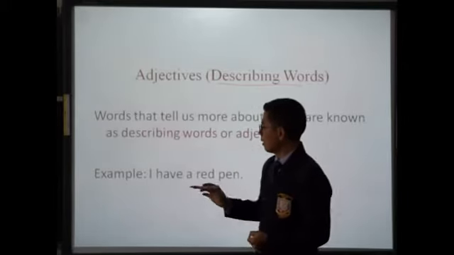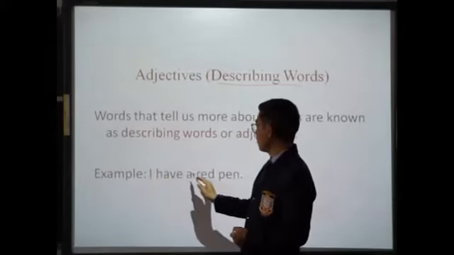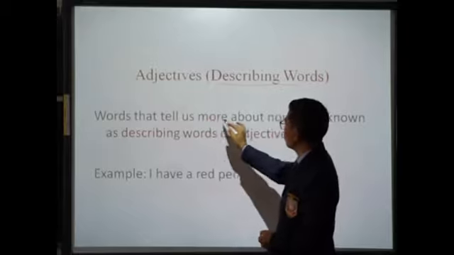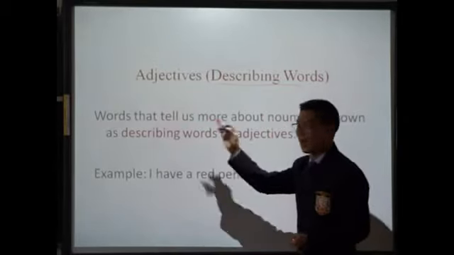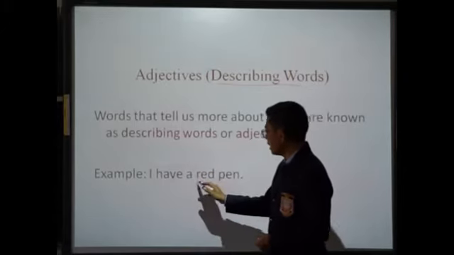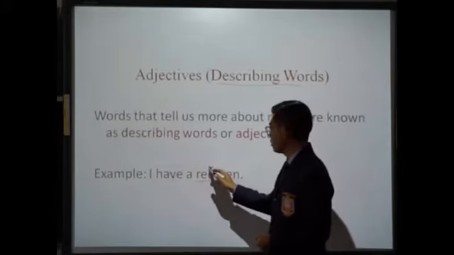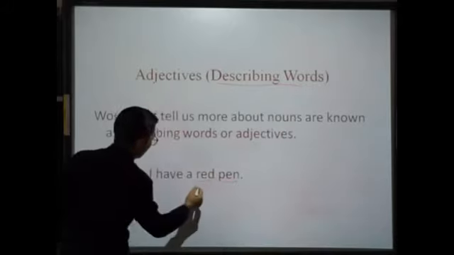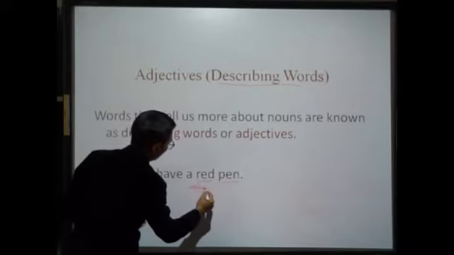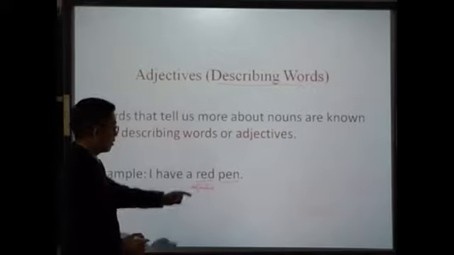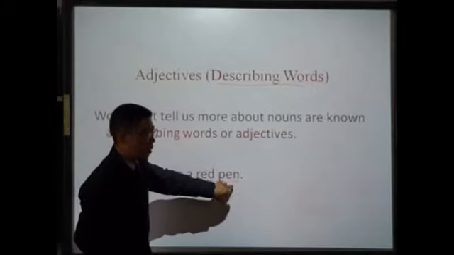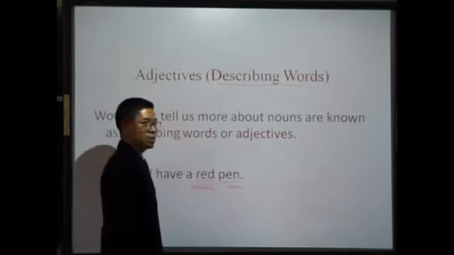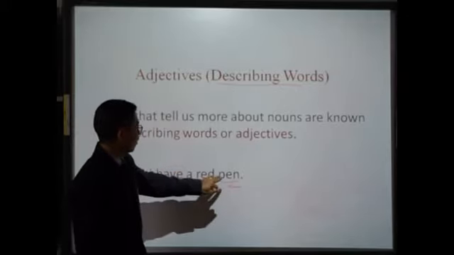For example, I have a red pen. Here it is saying words that tell us more about nouns or describe the nouns. The word red here describes pen, isn't it? Red is the adjective here. Why? Because this word describes the color of the pen. This is the noun.